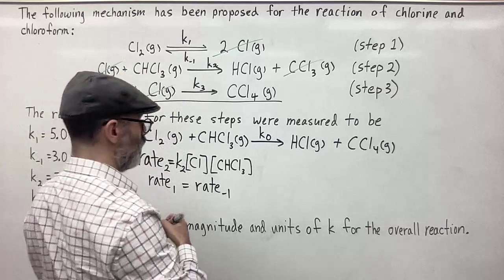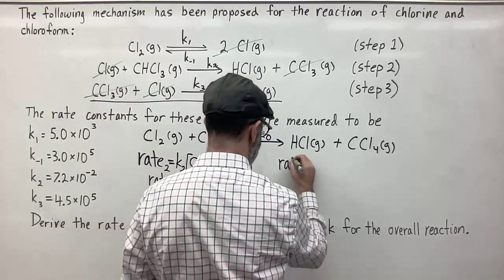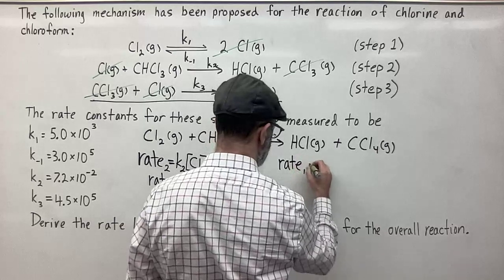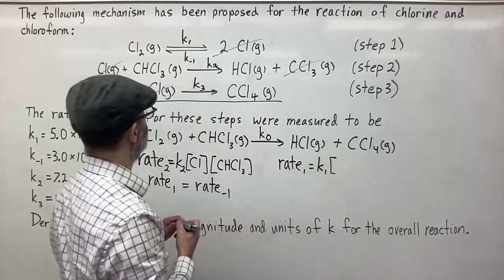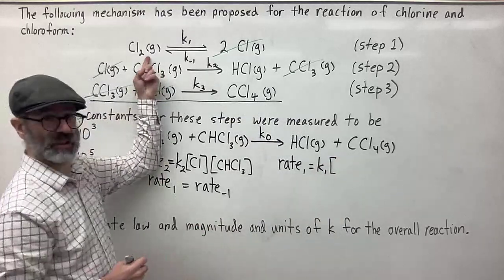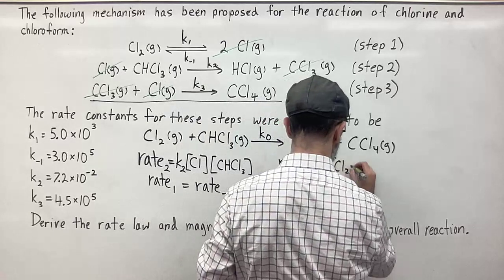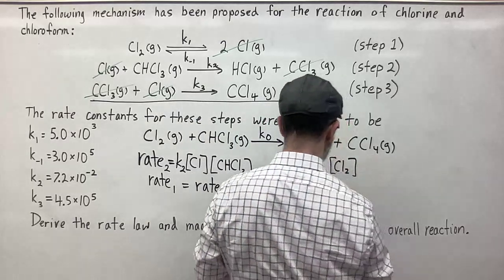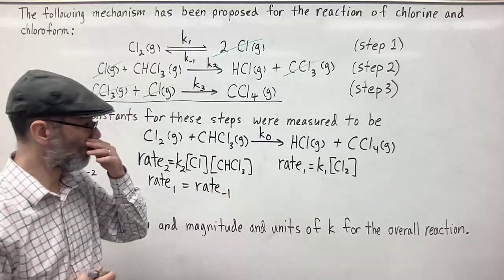If I write the rate law for the forward reaction, rate 1 is going to be equal to K1 times what? The concentration of the reactant, which is Cl2. So we're going to write Cl2 here. That's the rate law for the forward reaction.